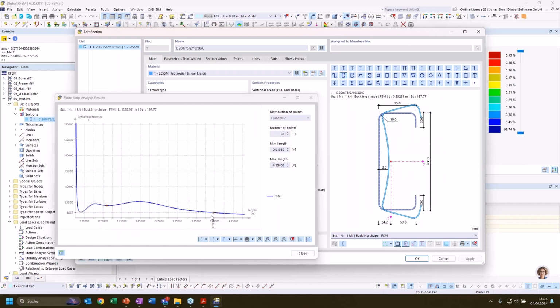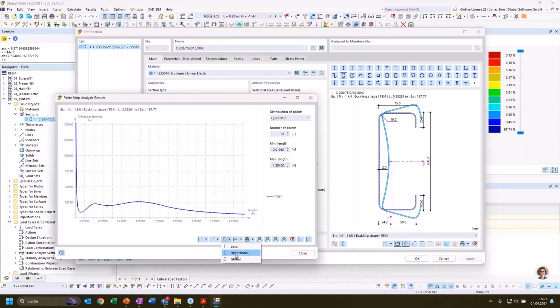Depending on the member length that I'm modeling, I could directly see, okay, local buckling is not a big deal, and distortional buckling is not interesting for me, I'm in a realm where global buckling will govern the design. Or I could say, okay, I'm at a length where local buckling and global buckling could happen at the same time, and I need to take into account some kind of interaction between these stability modes.